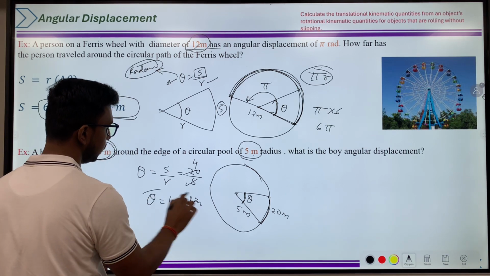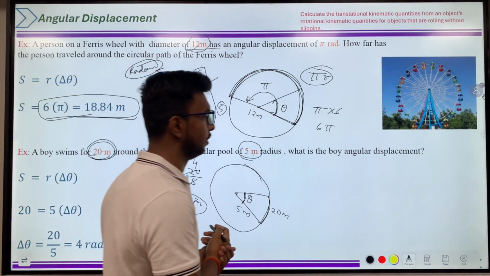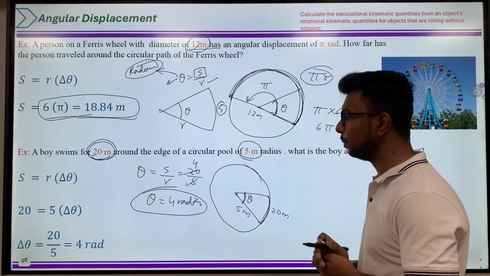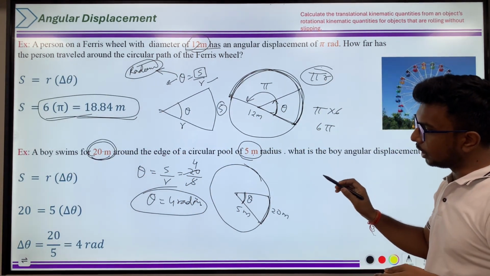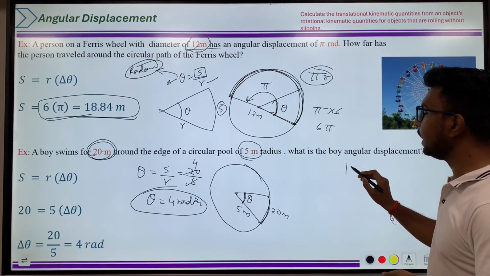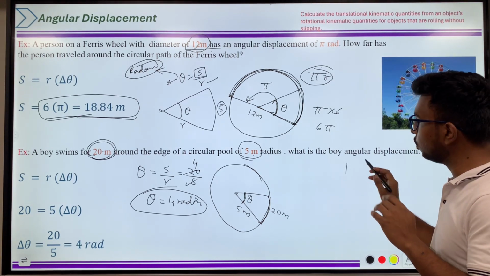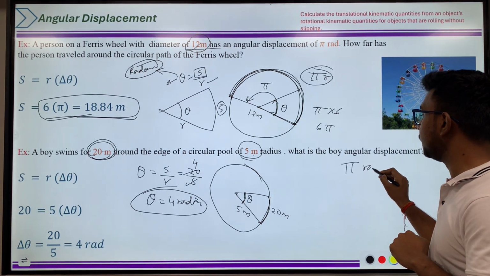This is theta, 4 radians. What do we understand by 4 radians? If we focus a little bit, 4 radians is more than the semicircle, because 1 radian is close to 57 degrees.